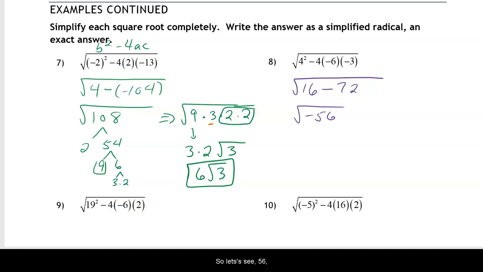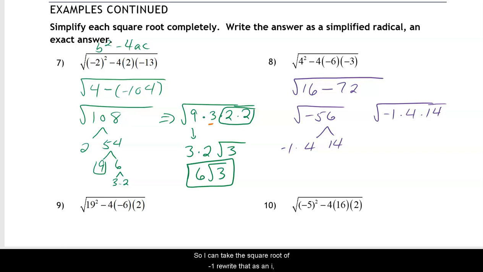So let's see, 56, I believe 4 goes into that. So that would be 4 times 14. And we have that negative 1, so I'm just going to stick that out there. So I could rewrite this as the square root of negative 1 times 4 times 14. And there are no perfect squares in 14, so I'm just going to leave that.